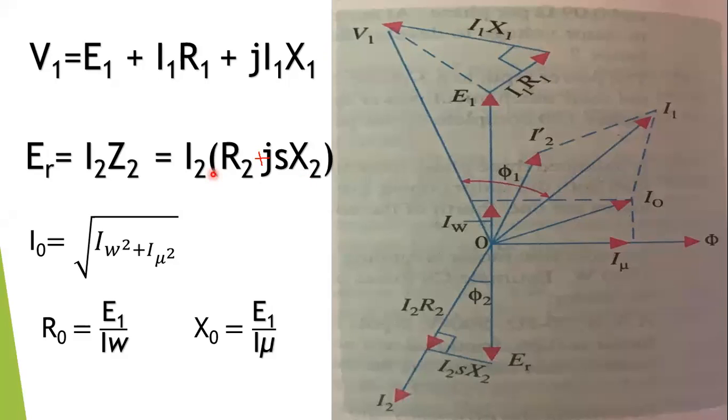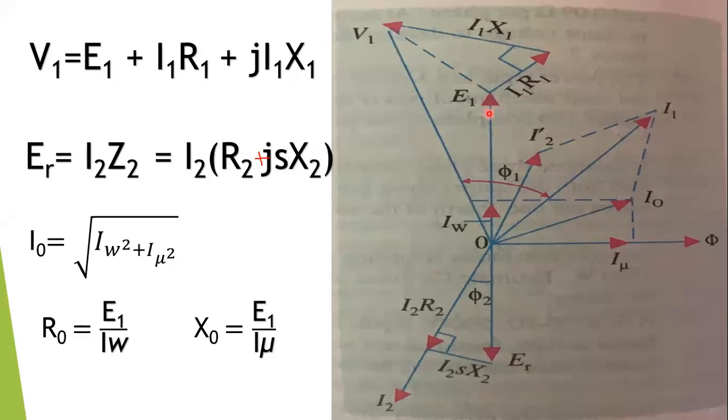At the ending of I2R2, I start the I2X2 line, perpendicular to I2R2, 90 degrees perpendicular. So from here I draw 90 degrees perpendicular. So this becomes ER. ER is equal to I2R2 plus I2X2. Right? So the secondary is over.